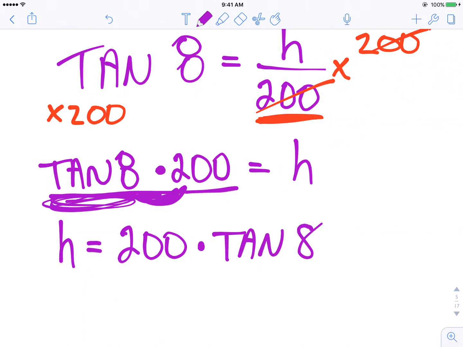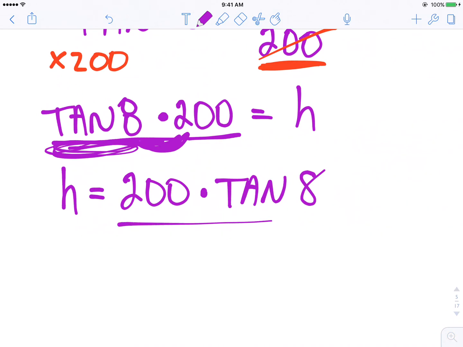Because on my calculator, I know that if I punch this in this fashion, it will calculate the proper calculation for me. If I punch it in the other way, if I'm not careful of where to put brackets, then it's going to give me the wrong answer. Just something that you're going to need to get used to with using your calculator.